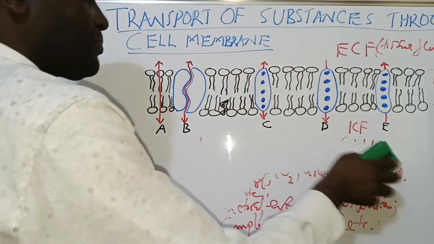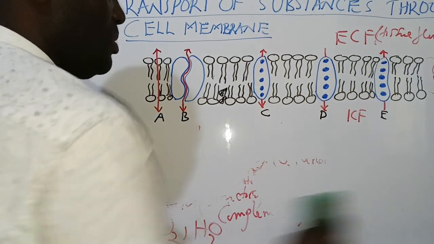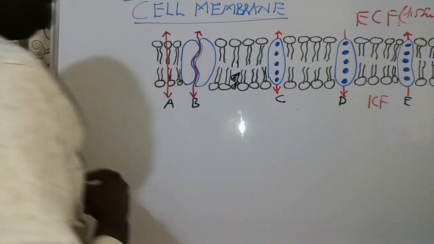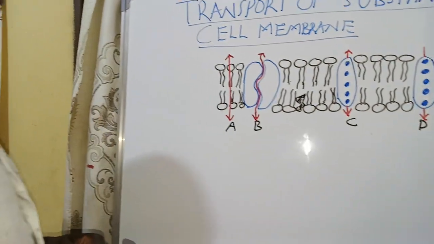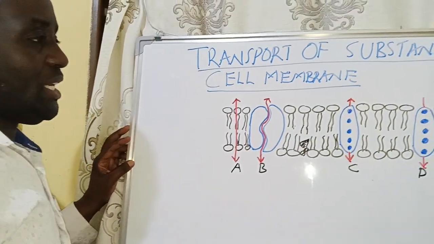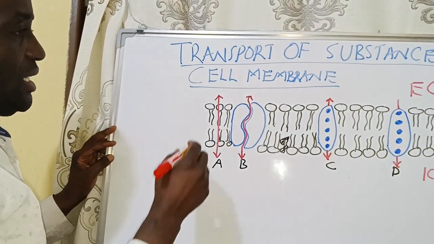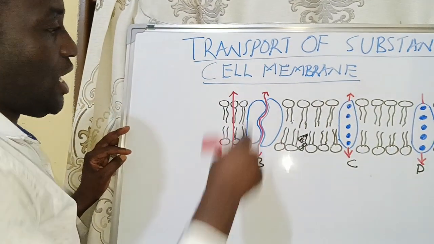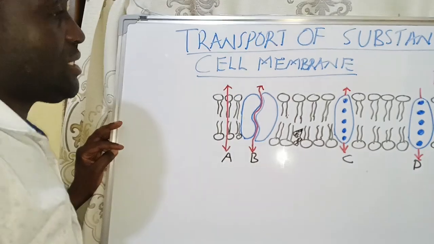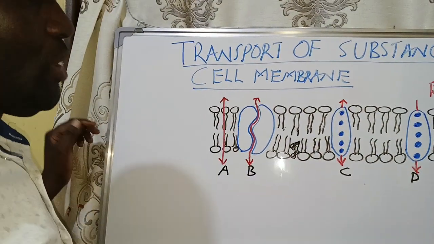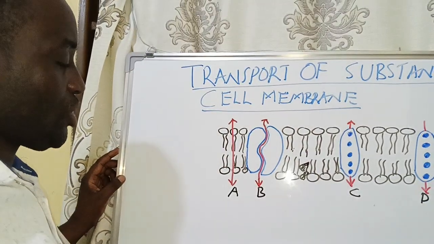Now, there are different methods by which materials enter or leave cells via the plasma membrane. Now, these arrows you see, some are two-way, some are one-way. They represent particular processes by which materials enter or leave cells.